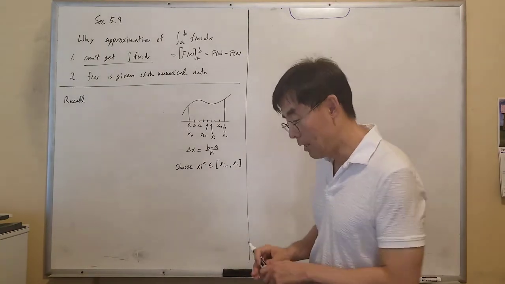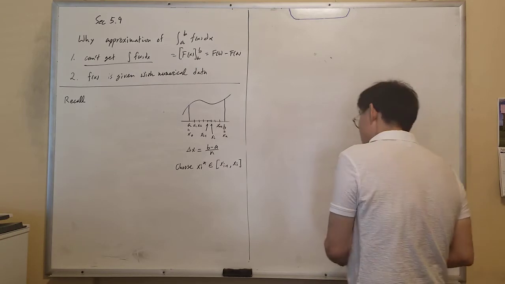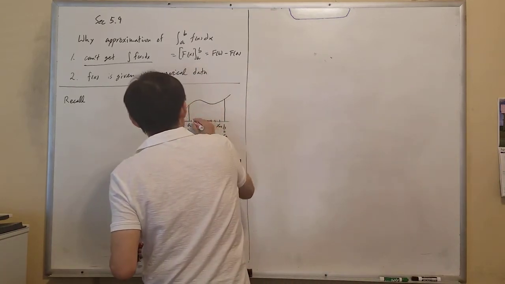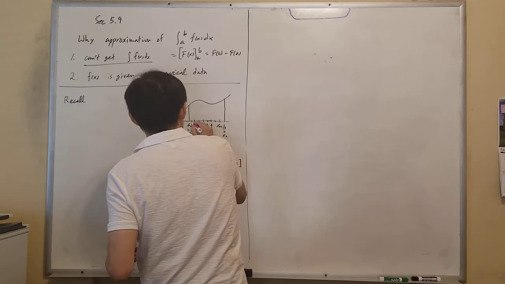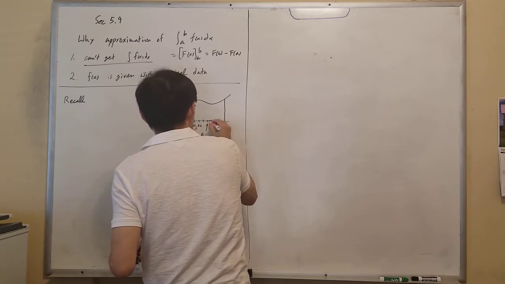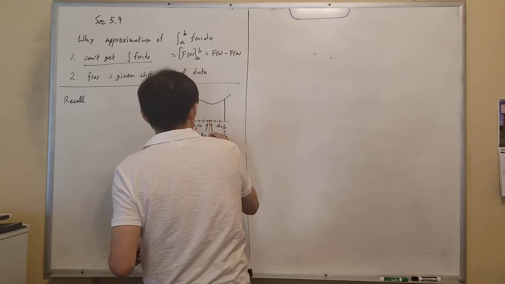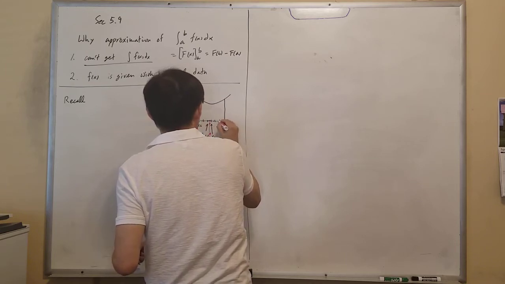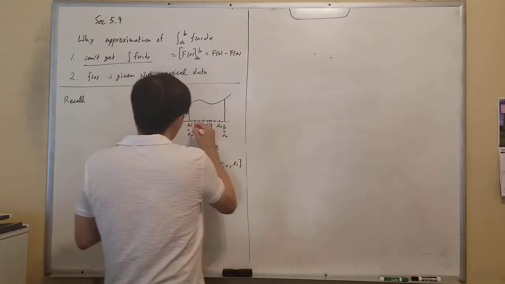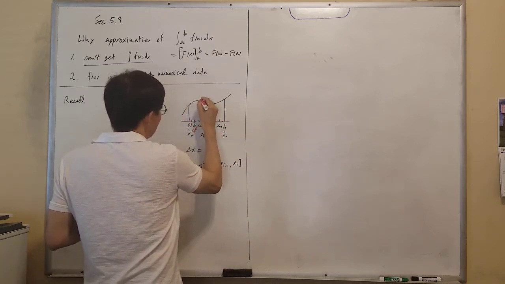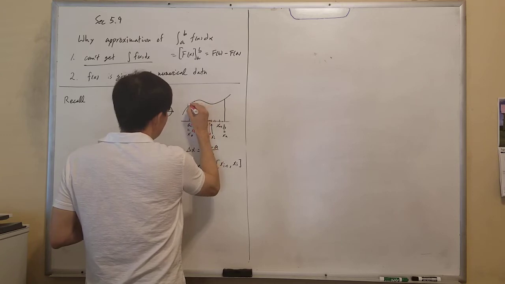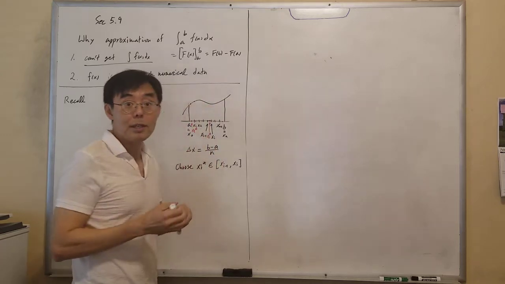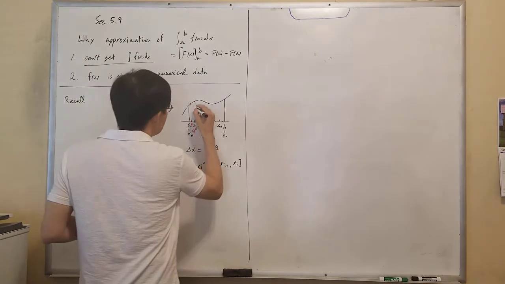So we choose any xi star, say x1 star. It doesn't have to be in the middle, it can be anywhere in the interval.